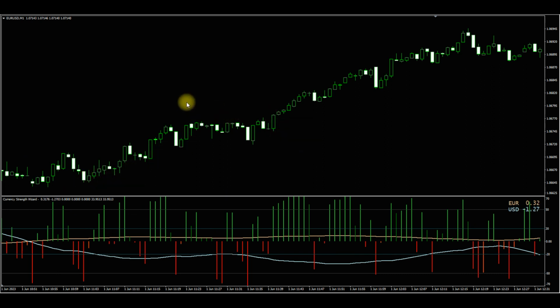So I will show you how the indicator and the volume bars can help you with the entries in the direction of the trend. This line, upper line, represents euro, and this one, lower line, represents USD.